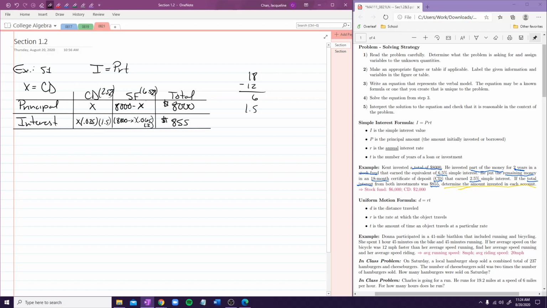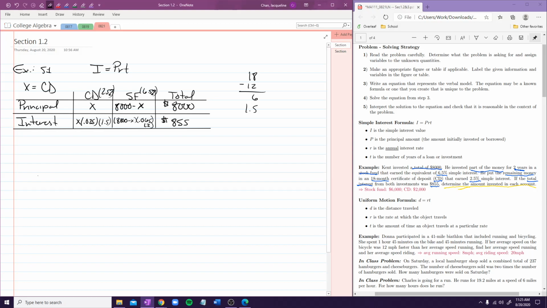So now that we've put our table together, we want to write an equation that represents our verbal model, or create a formula. The first one is not going to help us so much.